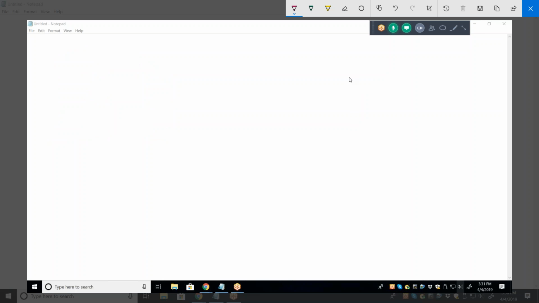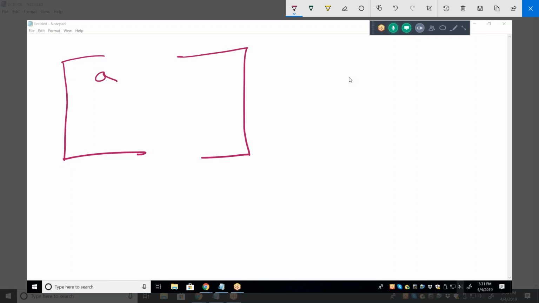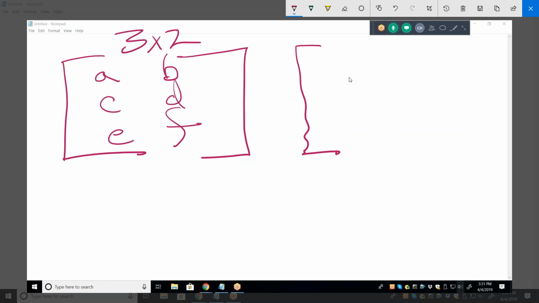Yes, sir. And here's the thing. Let's put a 3 by 2. 3 rows, 2 columns. That is called a 3 by 2. Okay, 3 by 2. We can multiply it by another matrix, but the other matrix has to be a 2 by anything.